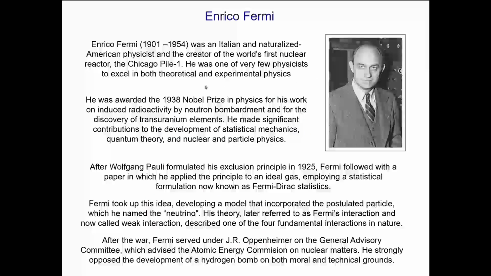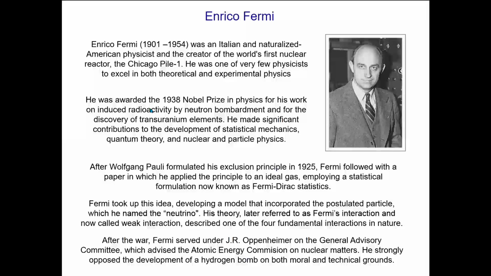Now, Fermi. Who was Fermi? Fermi was an Italian physicist who was the creator of the first nuclear reactor, the Chicago Pile. During the Second World War, he moved to the US because his wife was Jewish, and as a result of the Nazis' policies towards Jews, they were forced to move to the US, where he became a very famous physicist, and he excelled in both theoretical and experimental physics.